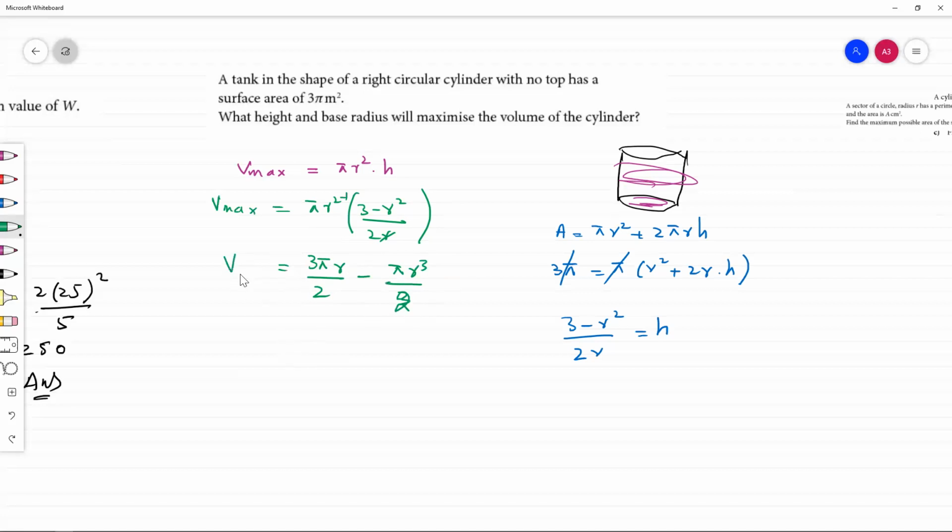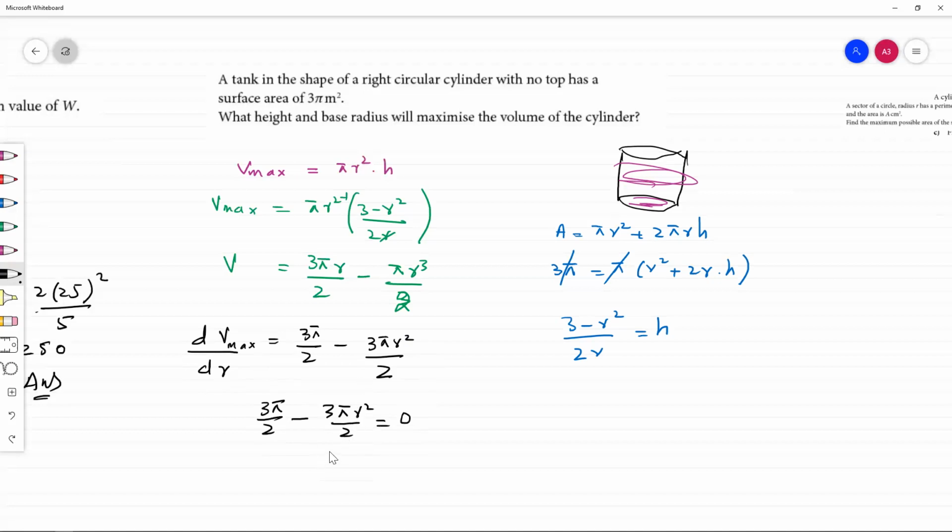So now we have to find the V maximum, so take the derivative. V is equal to 3 pi r by 2 minus pi r cube by 2. When you take the derivative, dV over dr is 3 pi by 2 minus 3 pi r square over 2, and put it equal to 0.